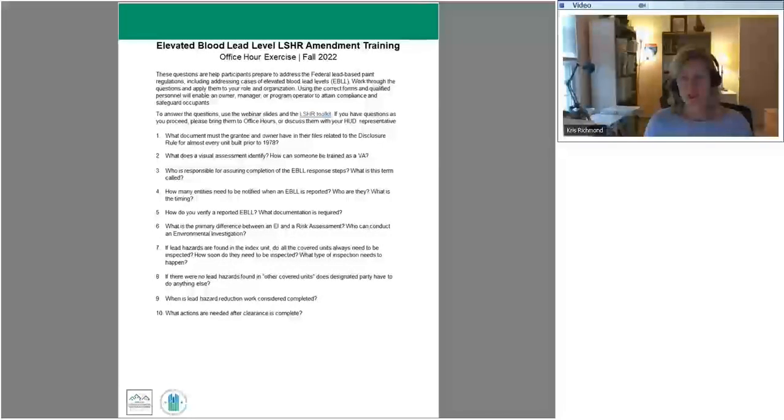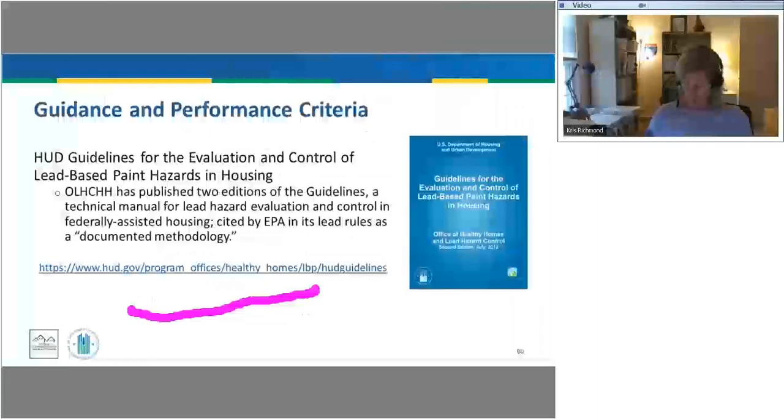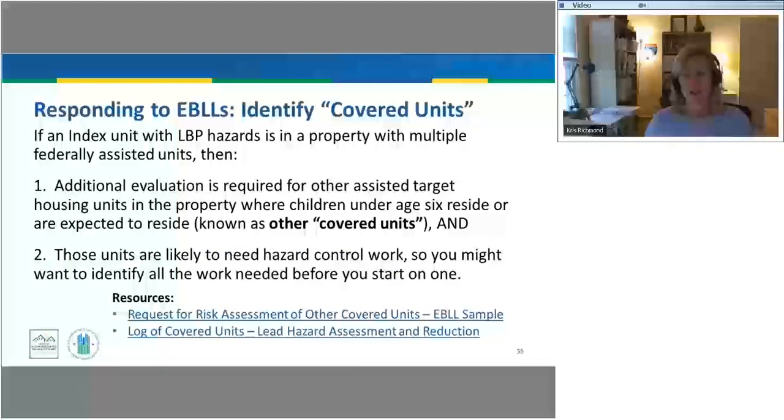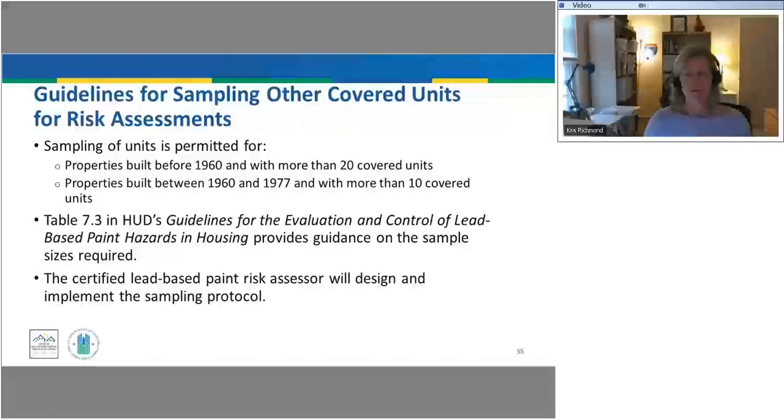So we're going to go back to the slides, and I think it's 55. Yep, so we're going to be responding to our other coverage units. We need to be doing a risk assessment. Here it is. So it wasn't 55, it was 56. And we can be doing a sampling.